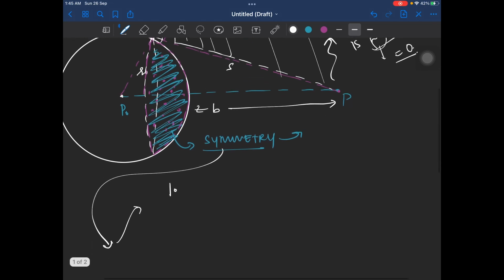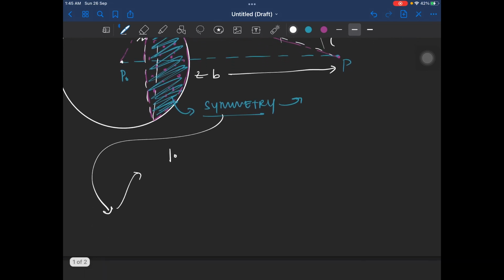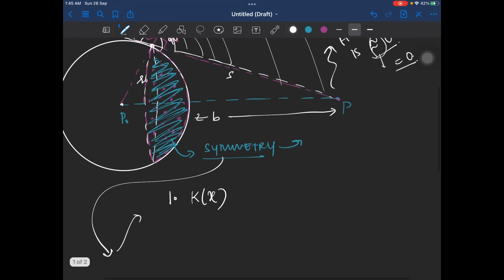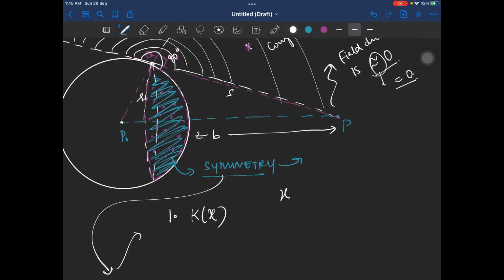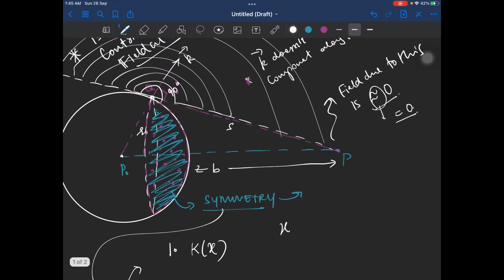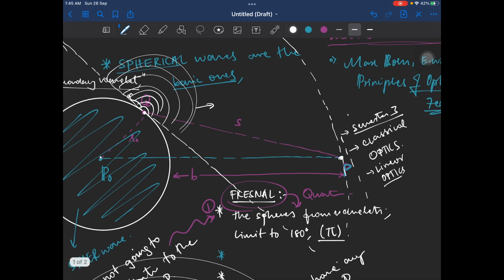Fresnel says that the inclination factor K of chi, where chi is the angle that we discussed here, this and this, is chi.